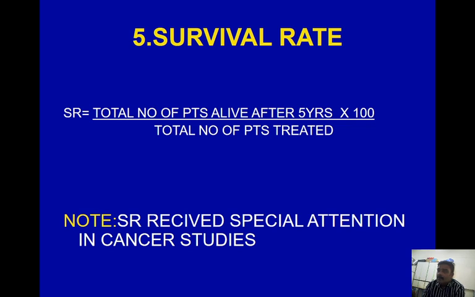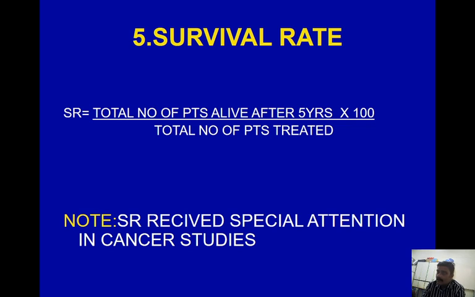So survival rates have received special attention in cancer studies, and now it has become the norm. Because cancers are generally fatal, they metastasize, and there are a lot of problems in terms of prognosis. So if you're able to extend the duration of survival of each patient, then you can say indirectly that your healthcare services are better.